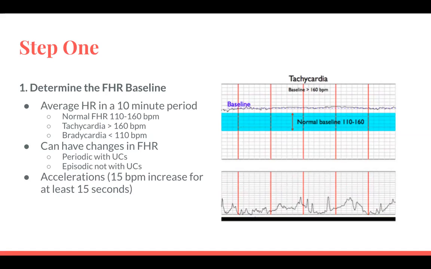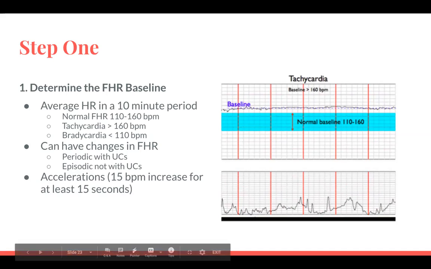Episodic changes are independent of the uterine contractions, so they don't affect what the baby's heart is doing. One is dependent and one is not. Acceleration is a 15 beats per minute increase for at least 15 seconds. So those are fine.